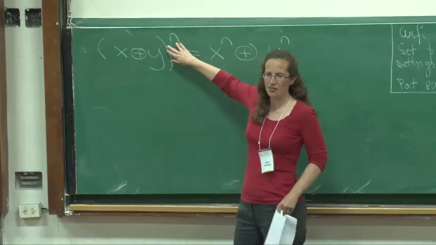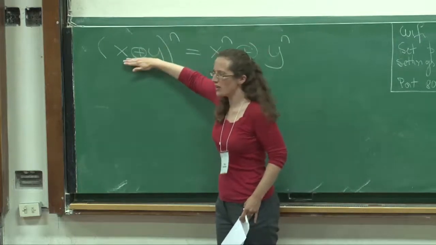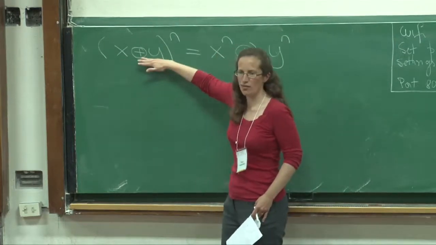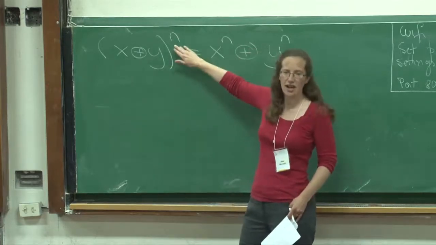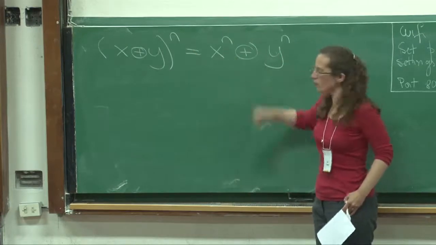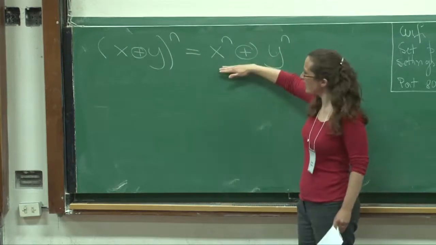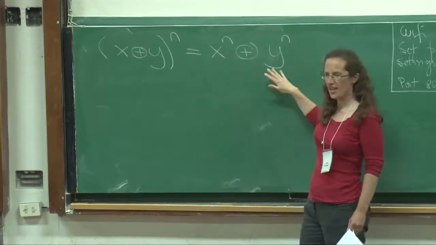To the n means times, times, times, n times. So I've got the minimum of x, y, plus the minimum of x, y, plus the minimum of x, y. So that's just n times the minimum of x, y, which is what this is. And that's clearly the same as the minimum of n times x and n times y.